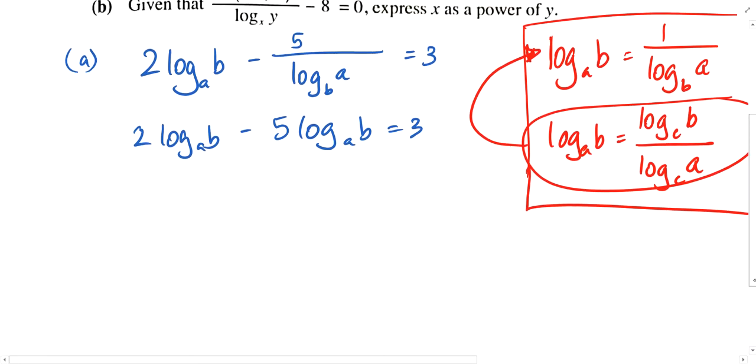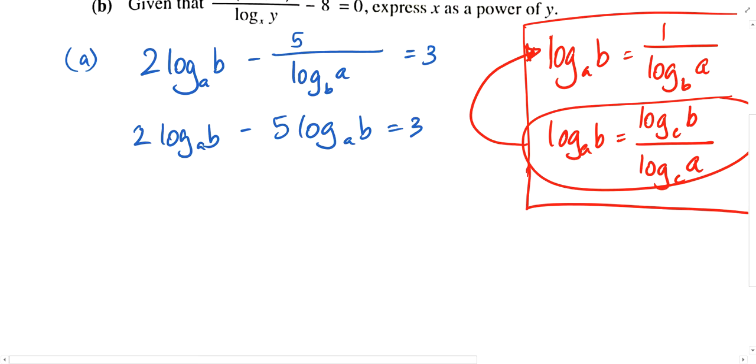Next, since I have 2 log a b minus 5 log a b equals to 3, how do I carry on from here? Make it 3 log a b. So you are saying I keep the left hand side as it is? Then how do you want to simplify it? Negative 3 log a b.